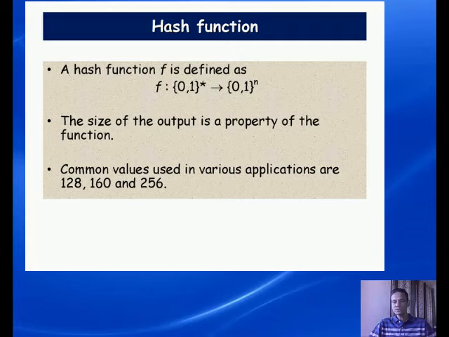Now you compare the previous digest and the currently computed digest. If both match, then files have not been altered. If they do not match, then some data stored in that pen drive got changed. So you can easily check whether the integrity of a file is lost or not.